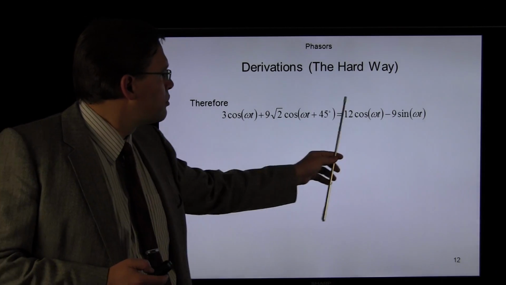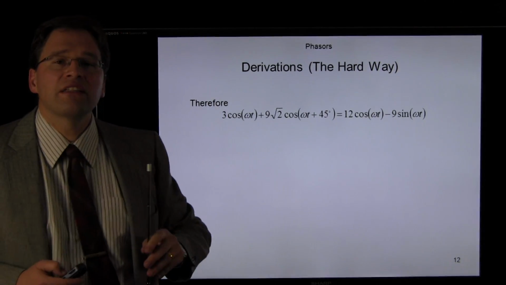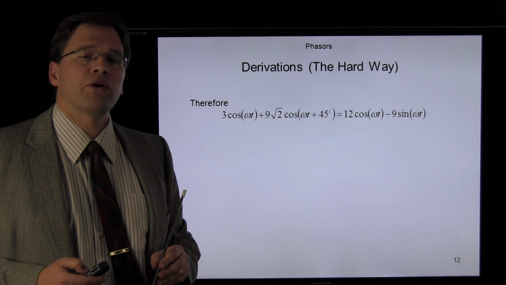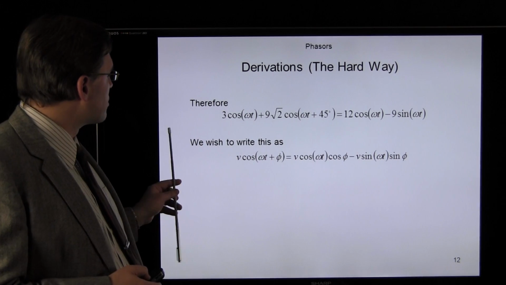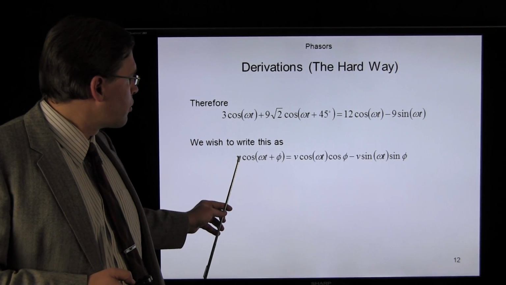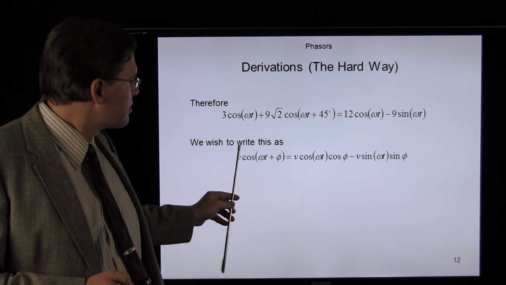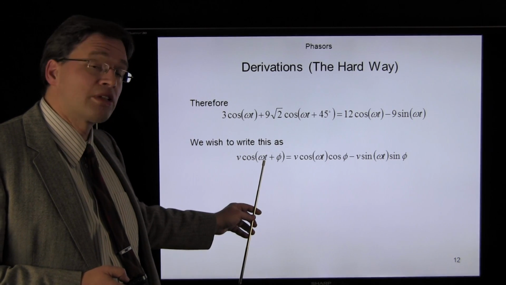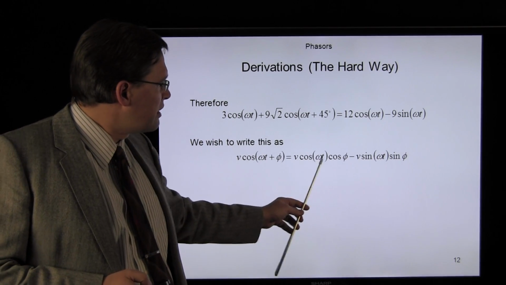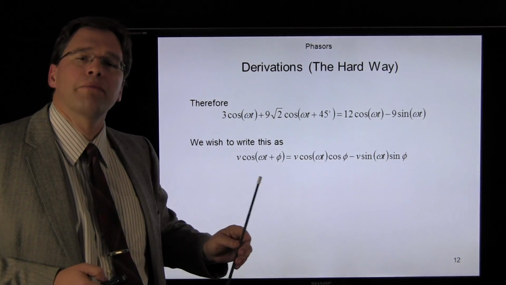So summing these gives me a sum of a cosine and sine, both with argument omega t. Now I want to write this in terms of this formula, and so all I will do is, again, apply the cosine sum formula, and notice that I have cosine omega t and sine omega t here.